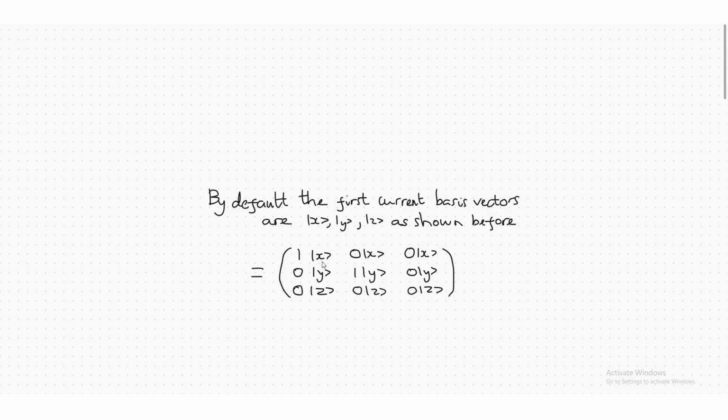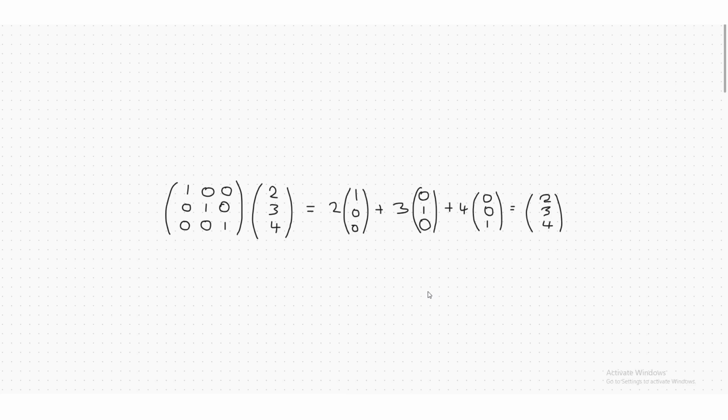That means this matrix doesn't change our basis vectors at all, because by default they were x, y, and z, and this simply makes them x, y, and z. A cool consequence is that any vector you apply this change of basis to will stay unchanged, which is obvious because the matrix doesn't change the basis vectors to anything.